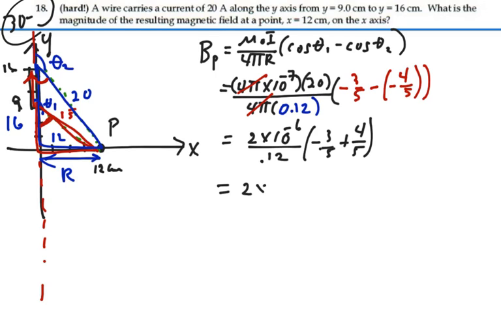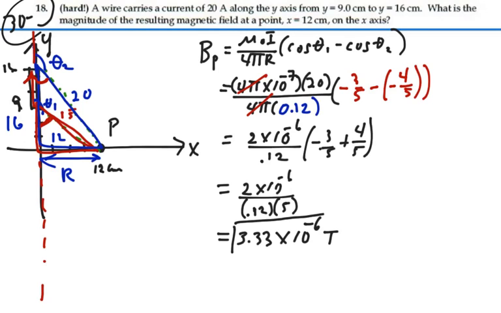So this is 2 times 10 to the minus 6 divided by 0.12 times 1/5, which would be divided by 5. What does that give us? That gives me 3.33 times 10 to the minus 6 Tesla.